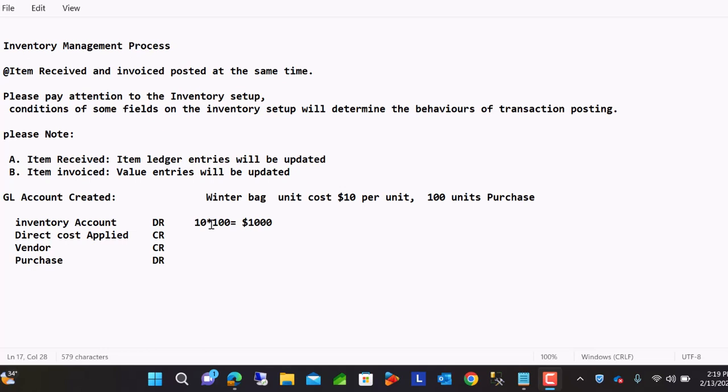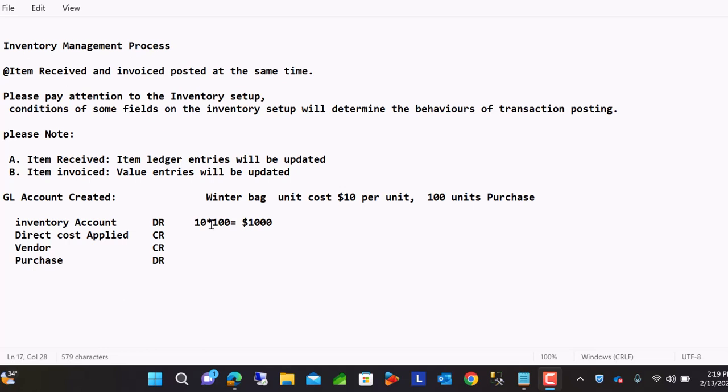And this is very important for every application and software. They have their way of setting up the structure of the accounts that will reflect under the various GL entries, as determined by their posting setup.